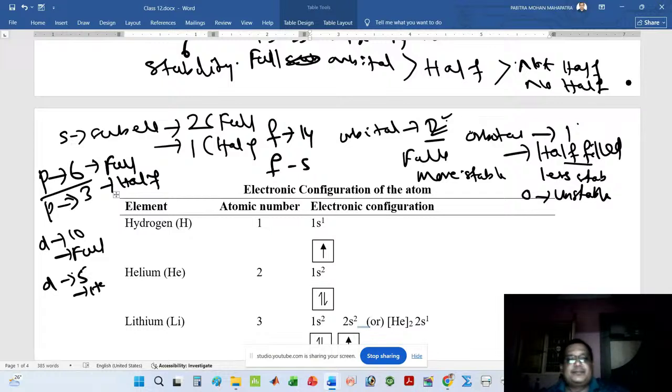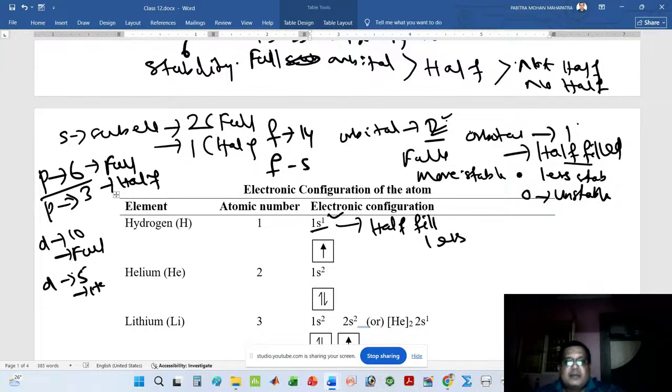Let me explain. If you think about 1s1, here an s orbital is present and it has one electron. So tell me, is it half filled or full filled? It is half filled because it can have a maximum of two electrons, but it has only a single electron. This is less stable.